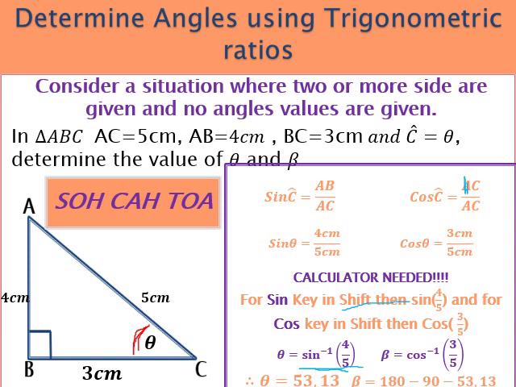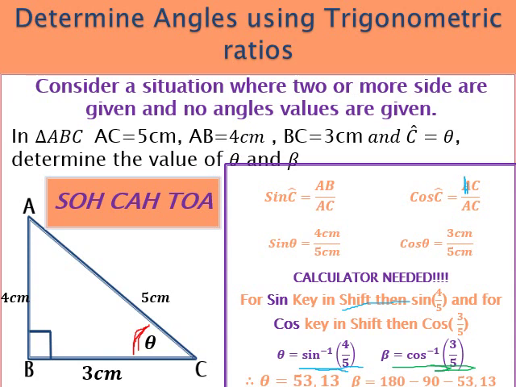Then you do the same thing for cos. You key in shift, then cos 3/5. In your calculator, you should get something like this. Then you also get that same answer, which is 53.13.